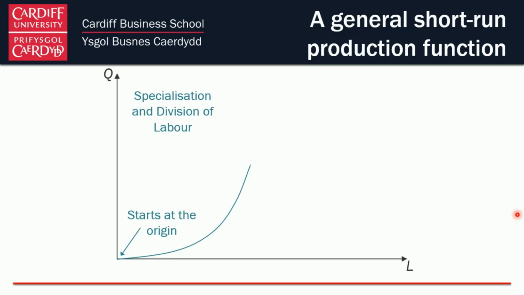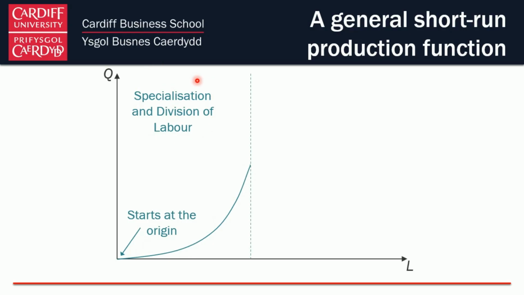In this initial phase, as each worker is focusing on a specific task, we get more done. This is called specialization and the division of labor. Everybody is becoming very good at their specific tasks. They are becoming more efficient, and obviously output is rising very quickly. That's the specialization and division of labor phase.